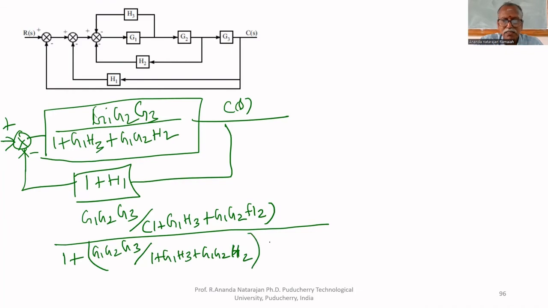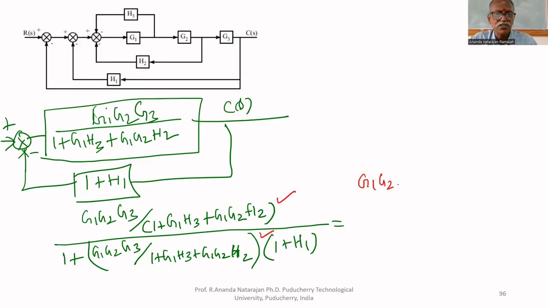This is within the bracket, multiplied by 1 plus H1 feedback path. So if you take the LCM of this, this part will get cancelled. We can cancel this part and this part by taking LCM.